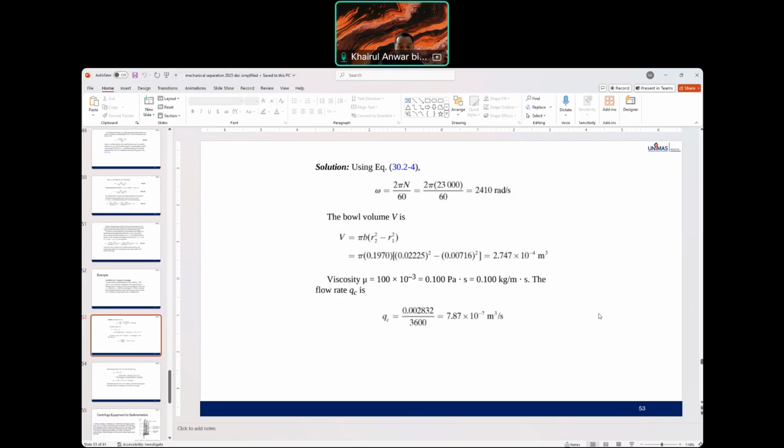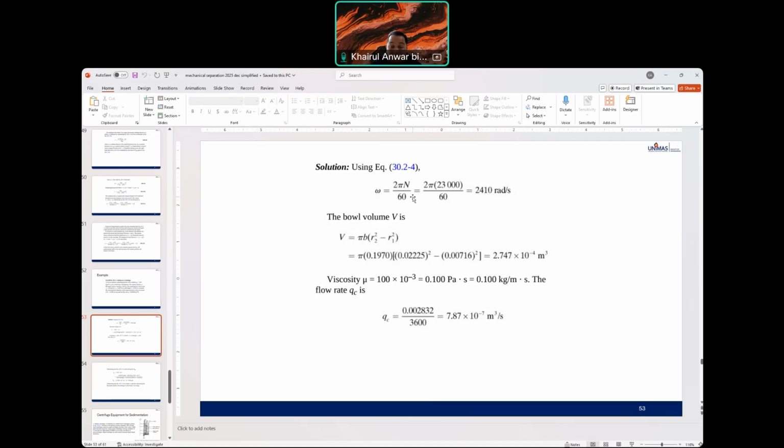Angular velocity, omega, is 2 pi n over 60, where n refers to the rotational speed in units of revolutions per minute. So you get the angular velocity in radians per second. The bowl volume V is pi b times (R2 squared minus R1 squared).